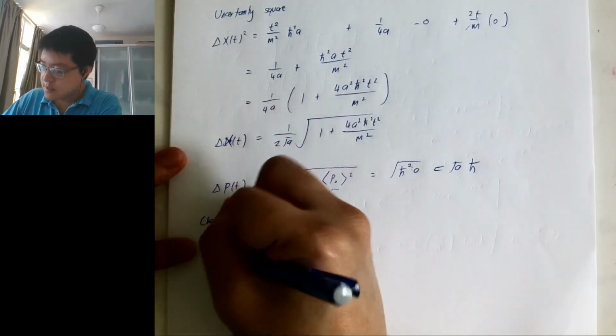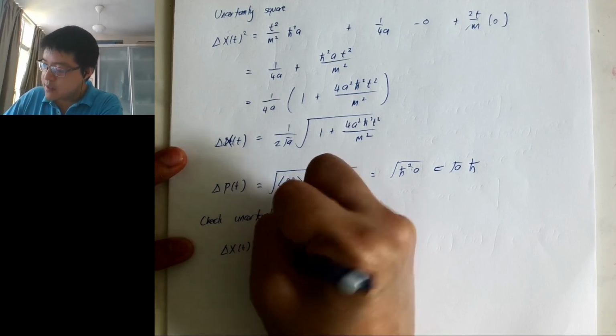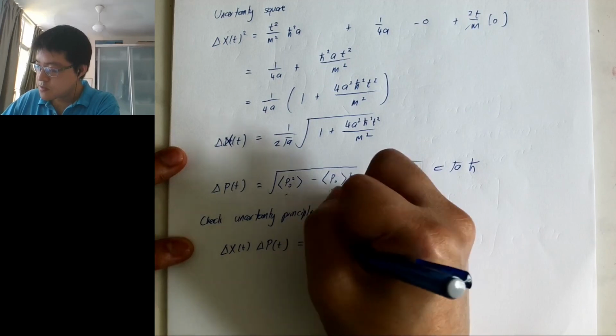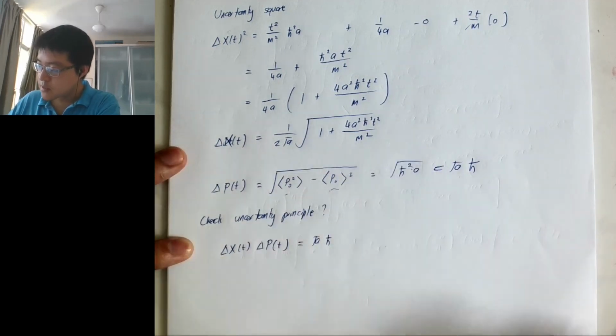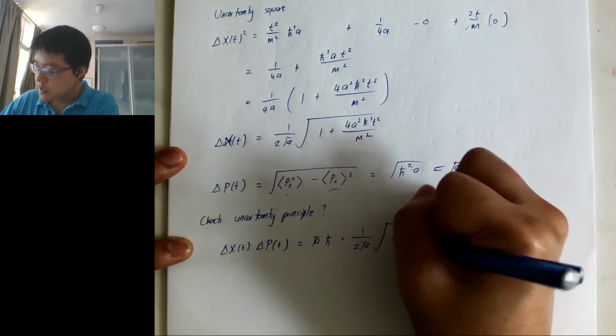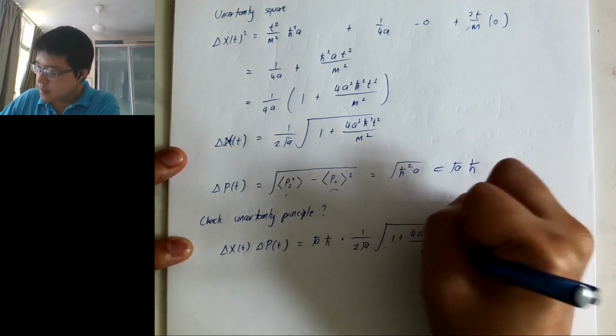Okay, so this is delta x at time t. The uncertainty product at time t is this times this. So it's just equal to h bar times 1 over 2 root a, times the square root of 1 plus 4a squared h bar squared t squared over m squared.